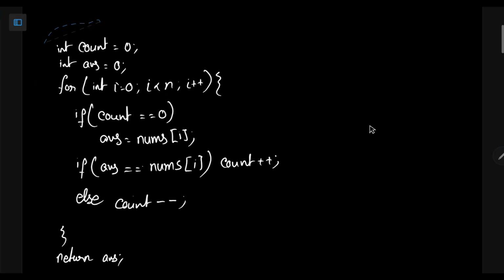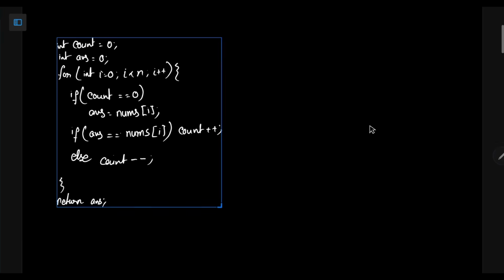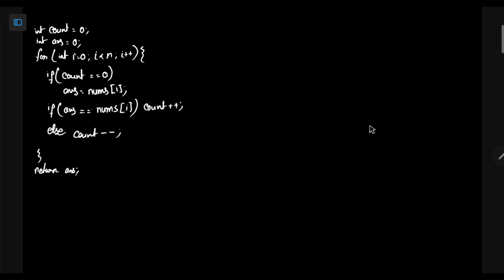This is our main logic of Moore's algorithm. Now we will see this pseudocode with the example. This is our example, and here it is 2 2 1 1 1 and 2.